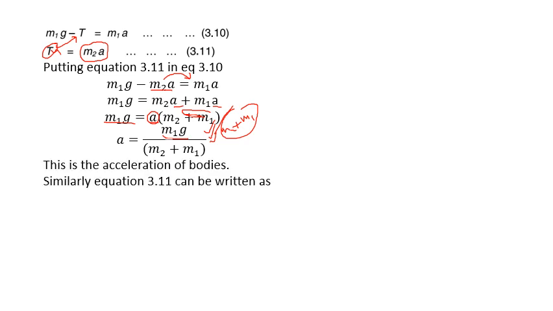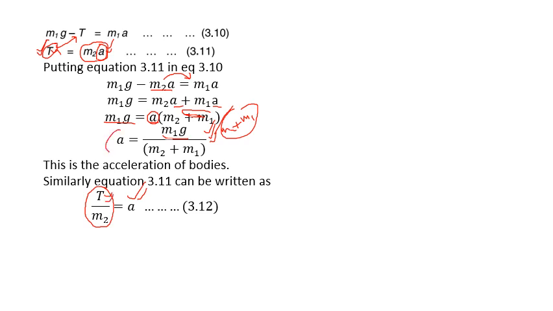Now we can write equation 3.11 like this: T is equal to m2a. If we find the acceleration from this, T divided by m2 will come out to be the acceleration. So remember one thing, we can use this equation to find the acceleration instead of the previous equation, but over here we need tension.